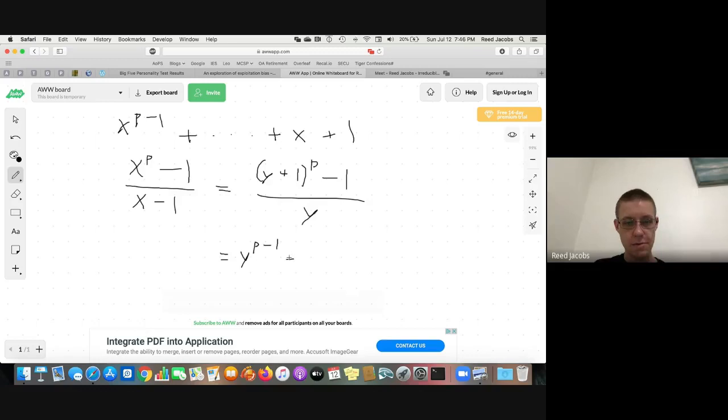The next term is p choose 1 times y to the p minus 2, because the other thing is a 1, so we just decrease the power of y each time. Normally, in the regular binomial theorem, you'd have a p minus 1 here, but since we're dividing by y, we decrease the power by 1. And the next term is p choose 2 times y to the p minus 3, and so on.